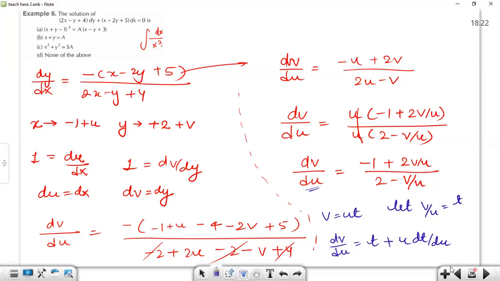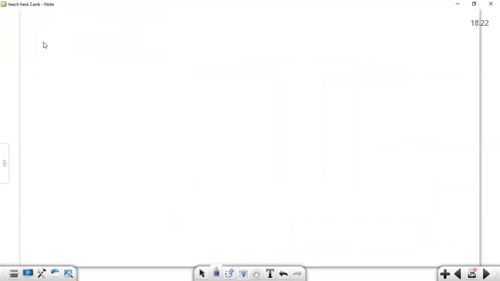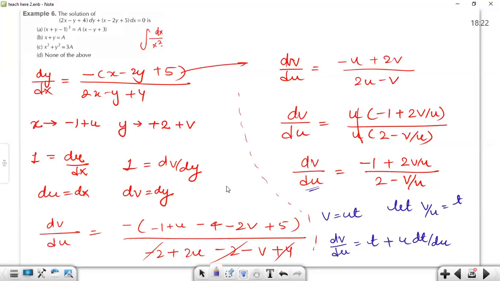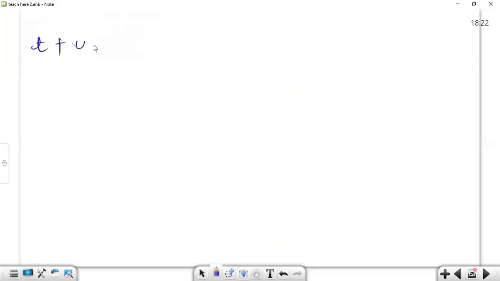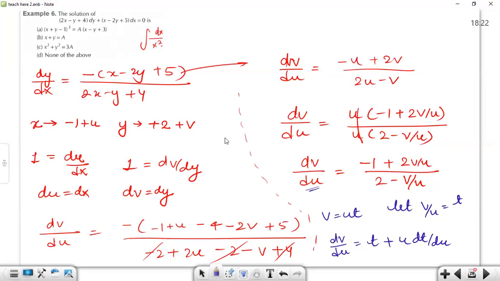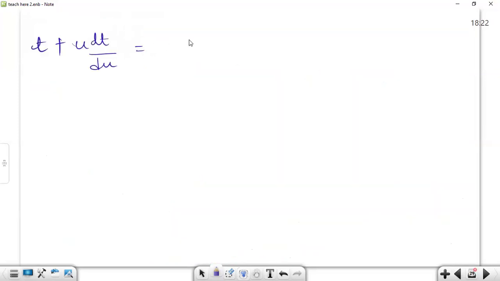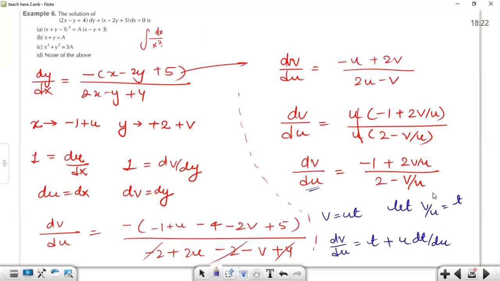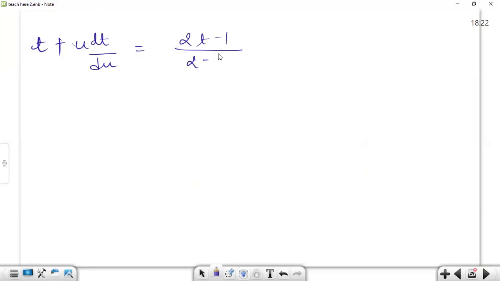So it's t plus u dt over du, and 2v over u will be written as t: 2t minus 1 upon 2 minus t.